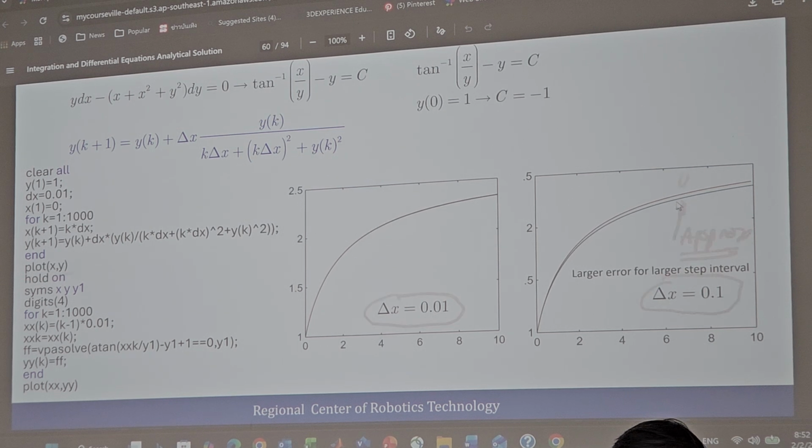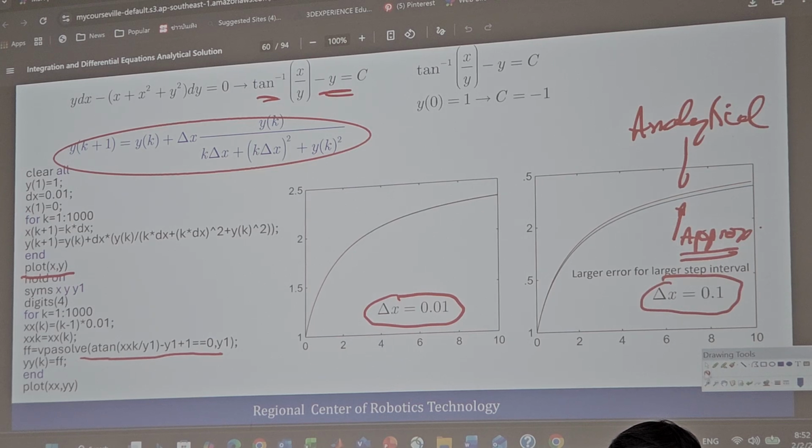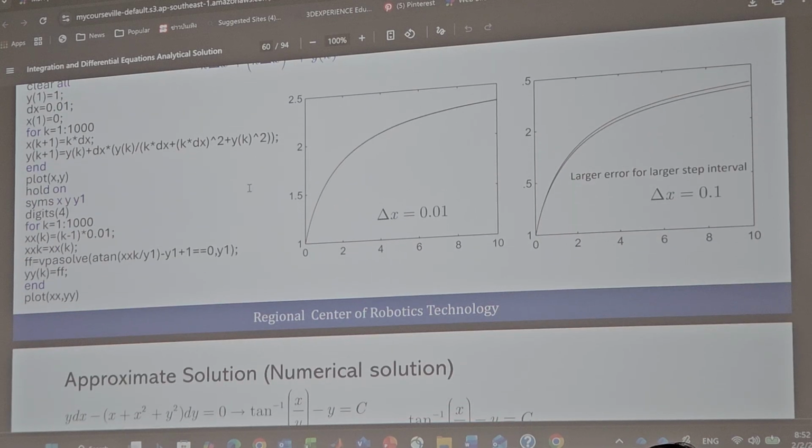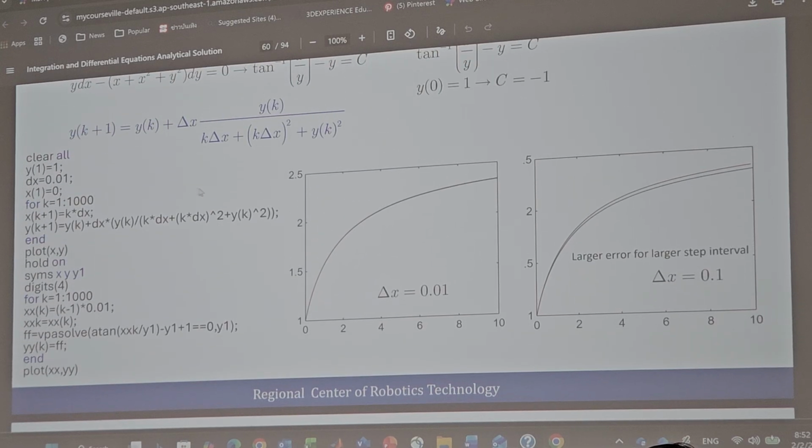You have this equation. You want to plot this one. Okay, you can plot this one. So this one you have to try in your assignment number 4 as well.